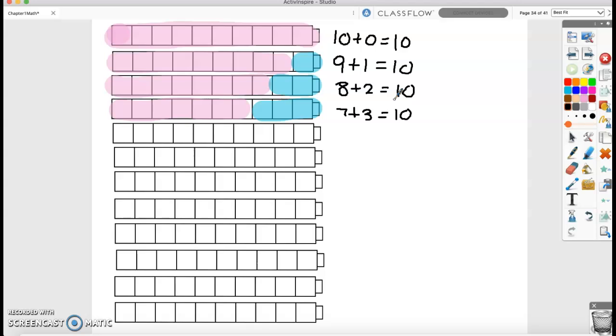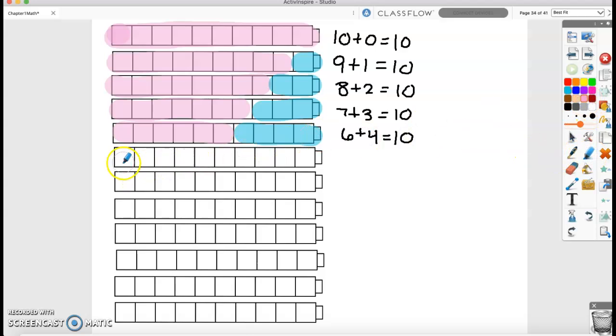Awesome job. Let's go to our next one. This time I'm going to color this many pink and this many blue. Think of your number sentence. If you think it should be 6 plus 4 equals 10, great job.